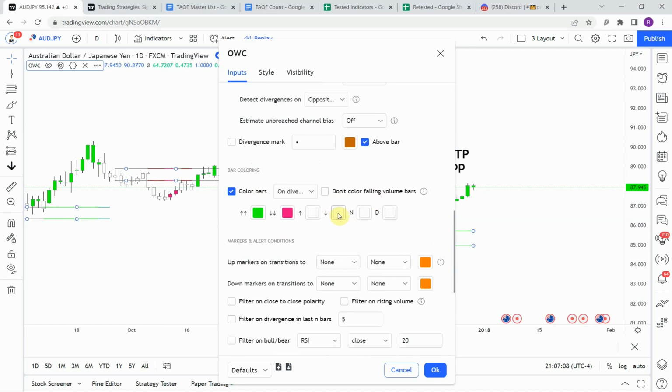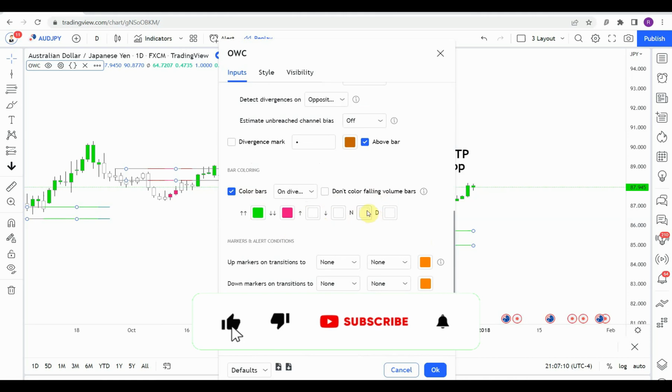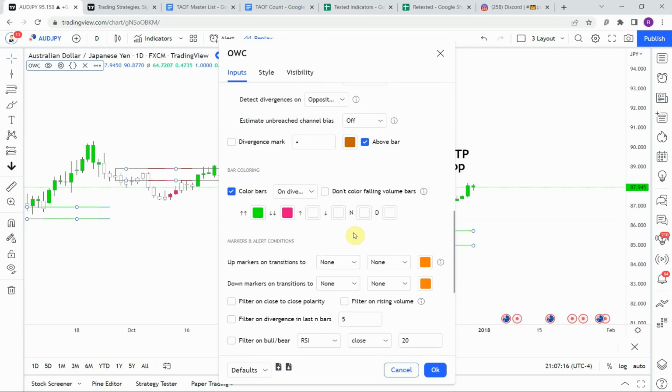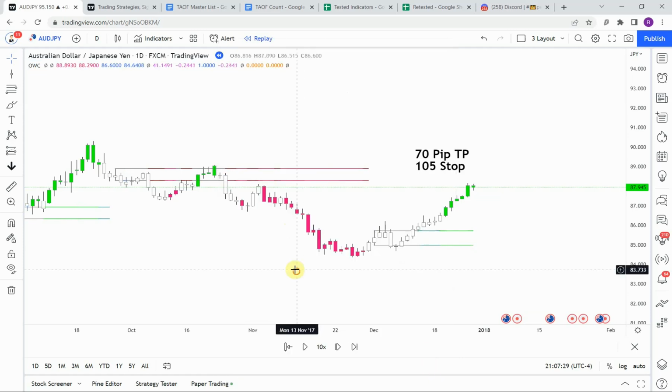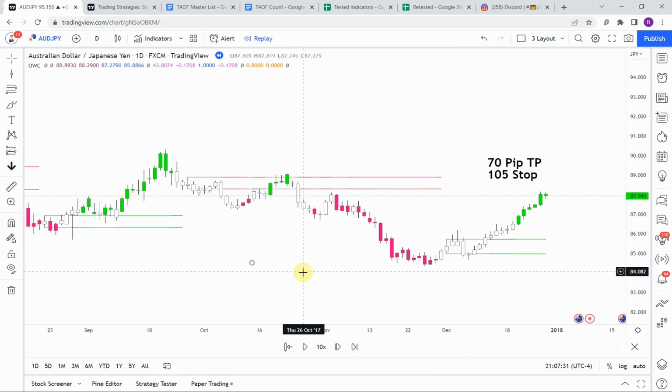I think it was like maroon and teal and like a brown, and I'm not really sure. Nonetheless, the default settings had these colors also. And so I went in and turned these to white, just leaving the green bar coloration and the pink bar coloration, which gives us this here.